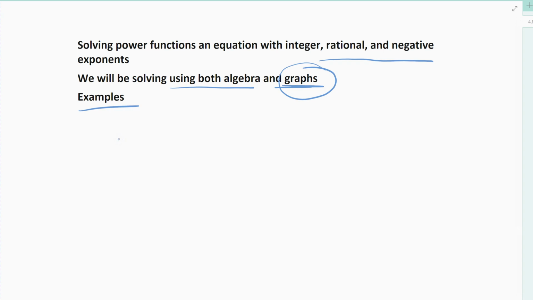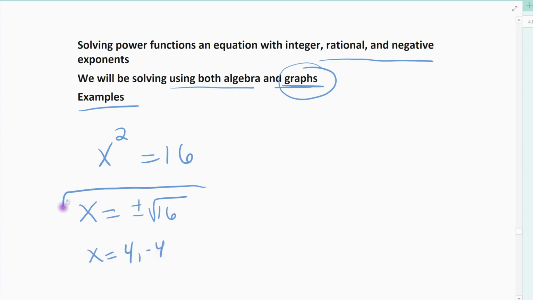Alright, for instance, if I want to find what x squared equals 16, so you've got to remember when I'm solving this, using the old rules it was the square root property. I found x was plus or minus the square root of 16, x equals 4 and negative 4.